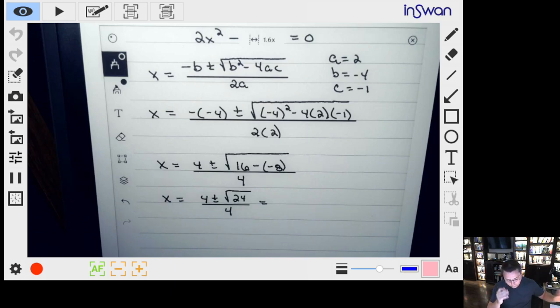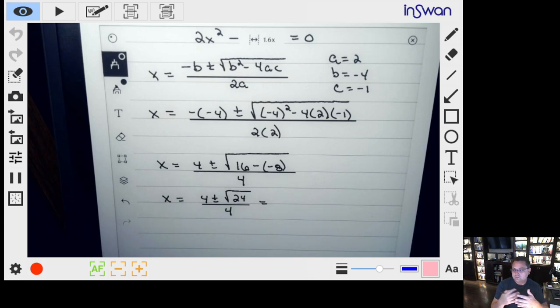Now the 24 we should be somewhat careful with, because even though the square root of 24 isn't a perfect square, we can rewrite it to pull a little bit out. 24 is divisible by 4, which is a perfect square. To reduce this, I'm going to see whether 24 is the product of a perfect square and another number.